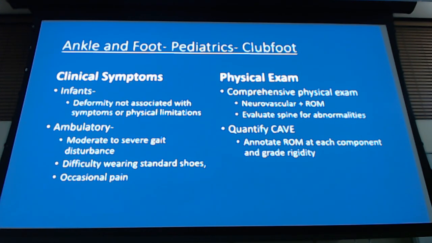Right? There may be some gait disturbances, difficulty wearing shoes, and kids may just complain of pain overall. Okay? Always do a comprehensive physical exam. I just told you, you have to get neuro involved early if you suspect it, and even if you just have a low index of suspicion, but involve them early anyway. Right?